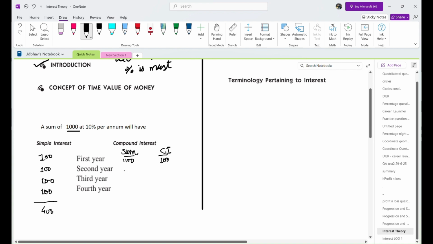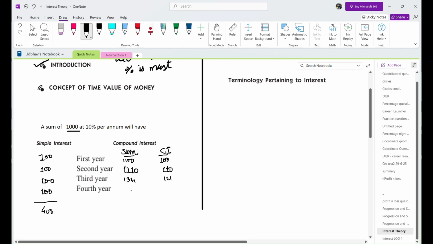So we'll get 1210 rupees, and 110 will be the compound interest. After the third year, that 10% will be calculated on this 1210. So we'll get an interest of 121 rupees, and that will be added onto this. That will be 1331, and we'll get the compound interest of 121 rupees.